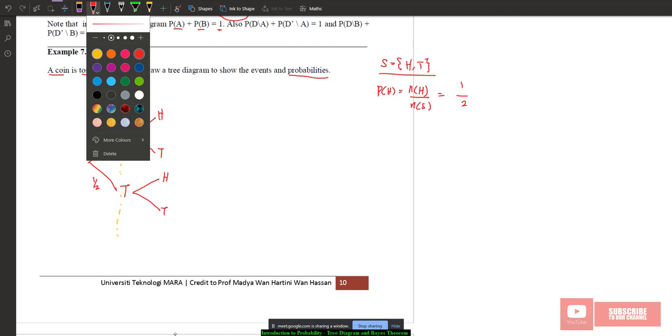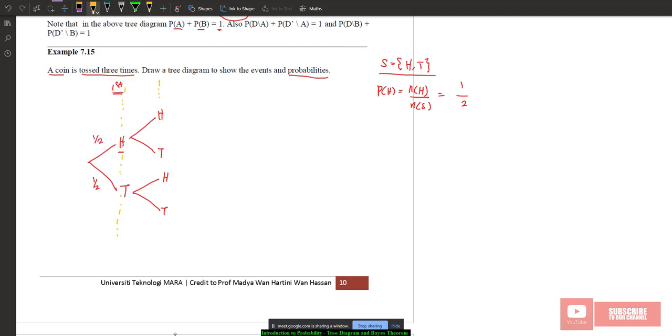So this is our second toss. The probability of getting head after getting head is also 1 over 2, because the probability of getting head is 1 over 2, and the probability of getting tail is also 1 over 2.